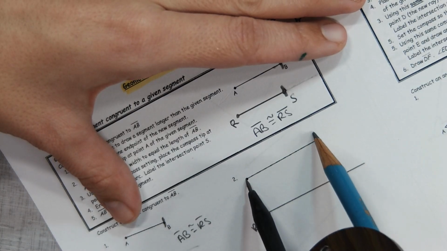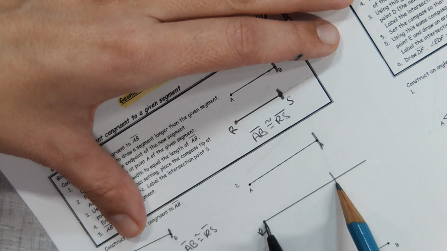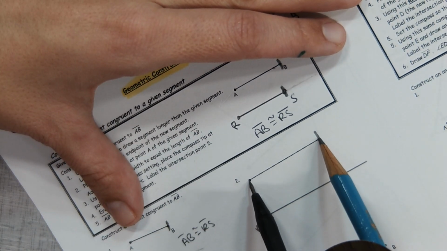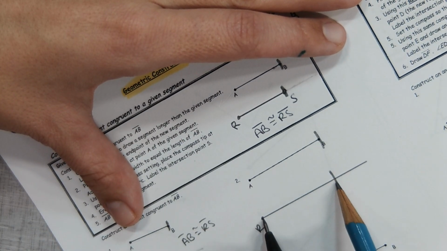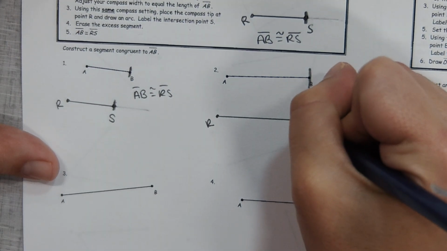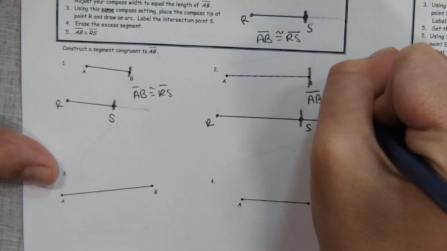And then make a mark on B. And then using that same measurement, I put it on R, and make the same mark. So measure from A to B, make this mark on point B, put it on R, same mark. And this is point S. So AB is congruent to segment RS.